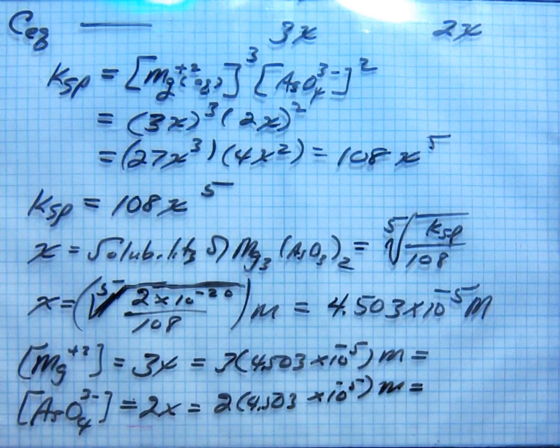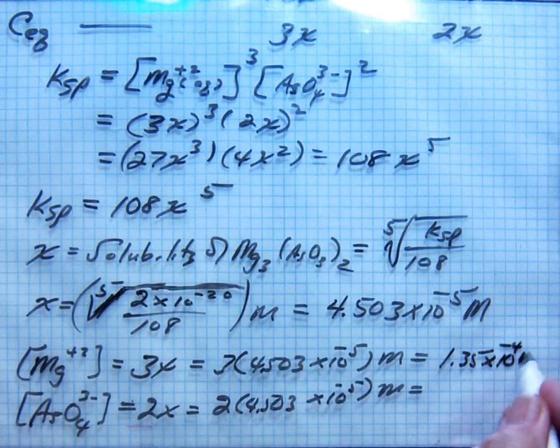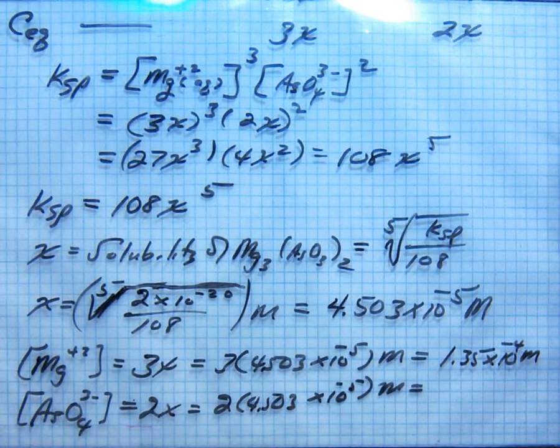And we got, there we go, guys. So 4.503 times 10 to the minus 5 times 3 equals 1.35 times 10 to the minus 4 molar in the magnesium.